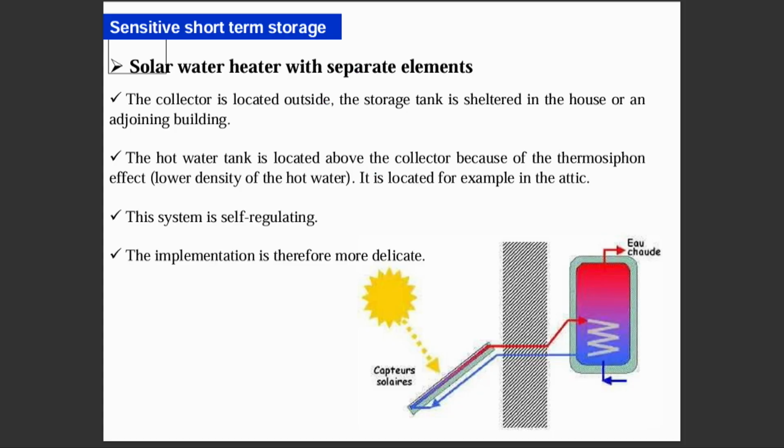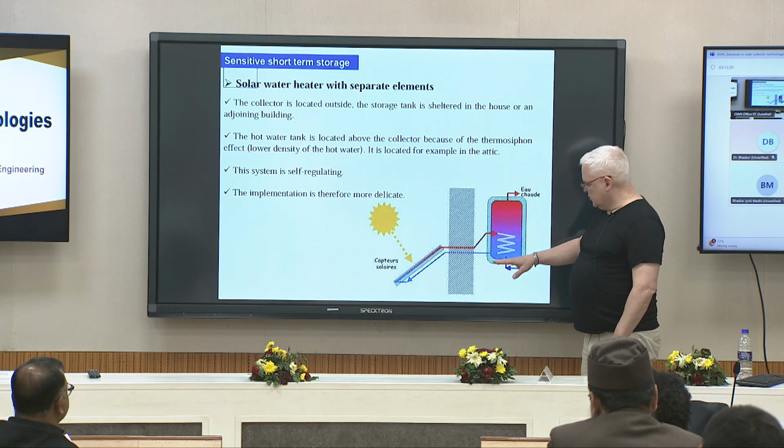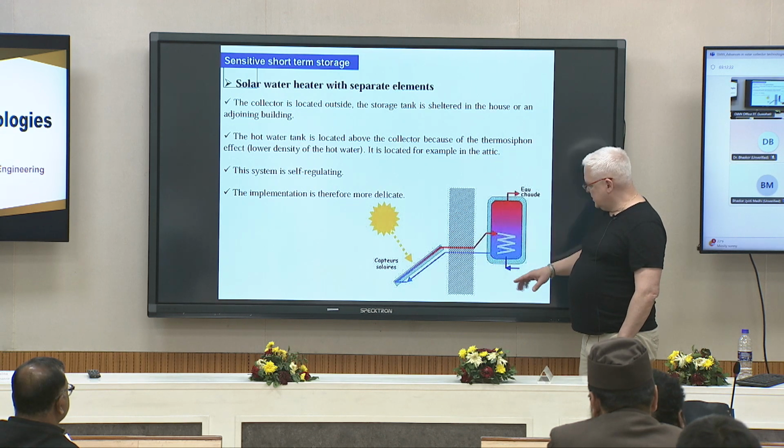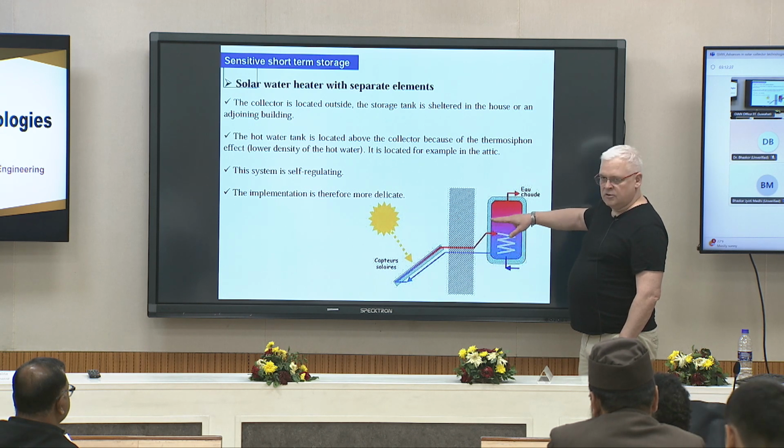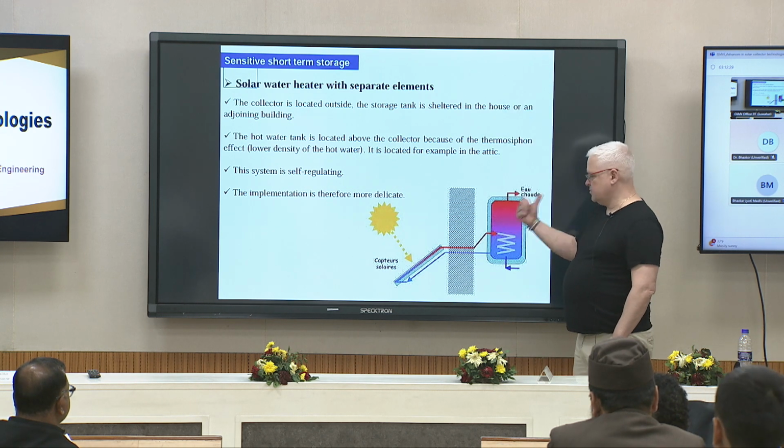When you take hot water, it is taken at the top, where the water is hotter, and you inject cold water from the grid. So the cold water will progressively go up when you are using your solar tank.